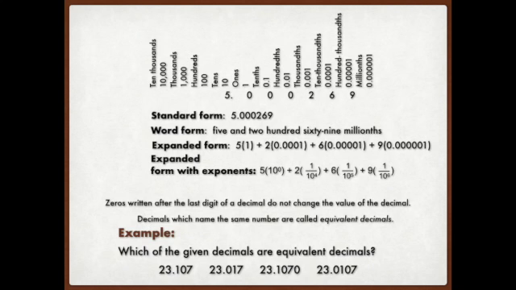So only the first and the third are the equivalent decimals. So you're looking for the same number, but it just has an added 0 at the end. And when we say that, if we add a 0 to the end of something, that is called annexing or adding in a 0.